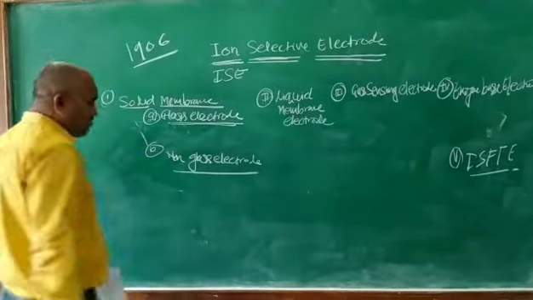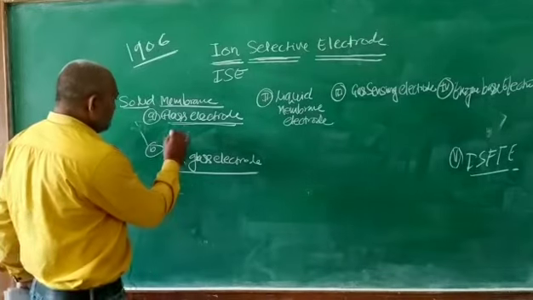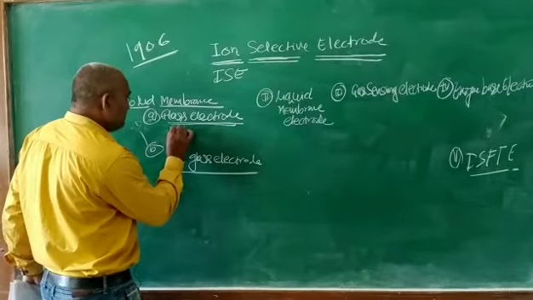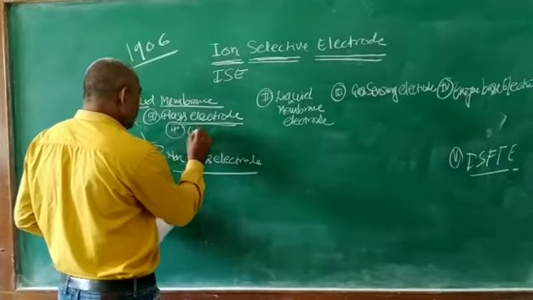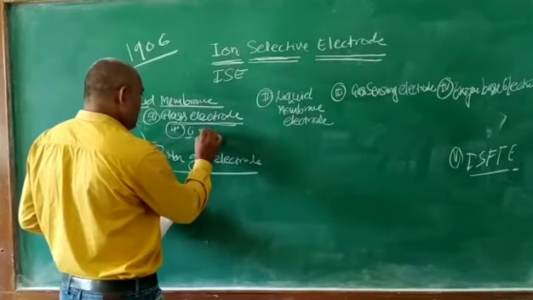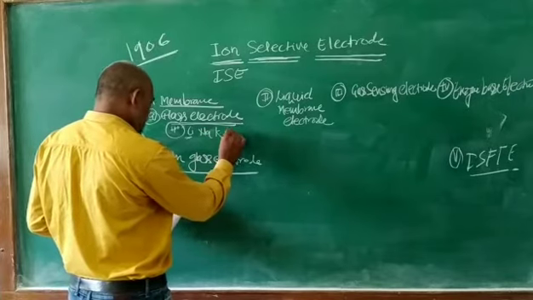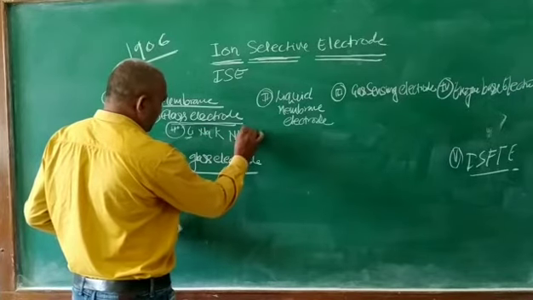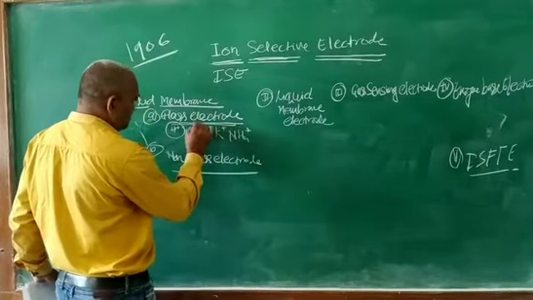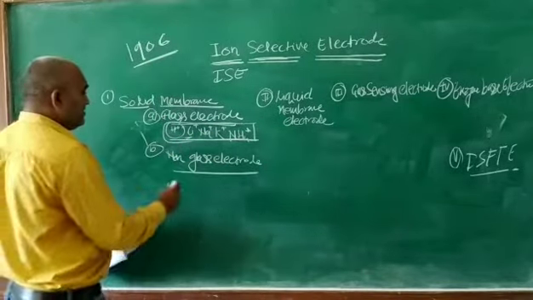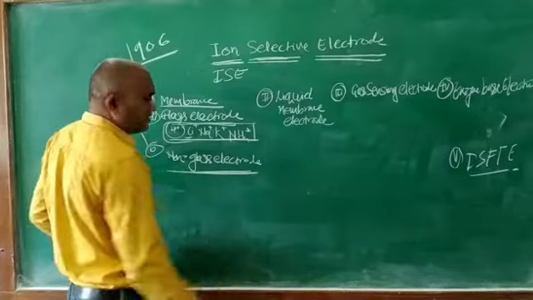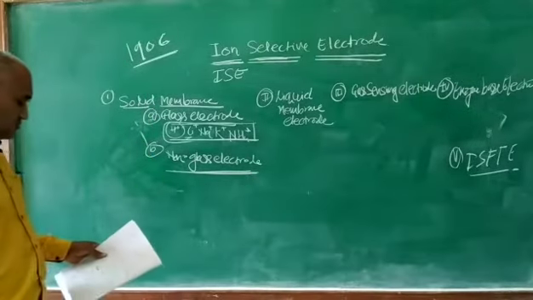In the glass electrode, we measure H positive ions, lithium, sodium, potassium, ammonium ions. So all these are glass electrodes. Next is the non-glass electrode.